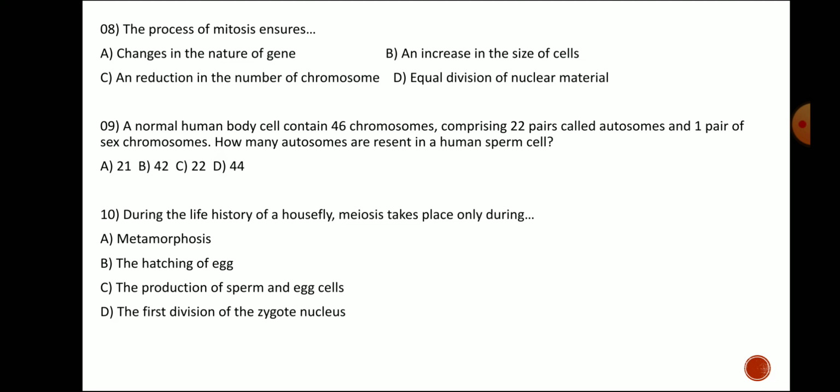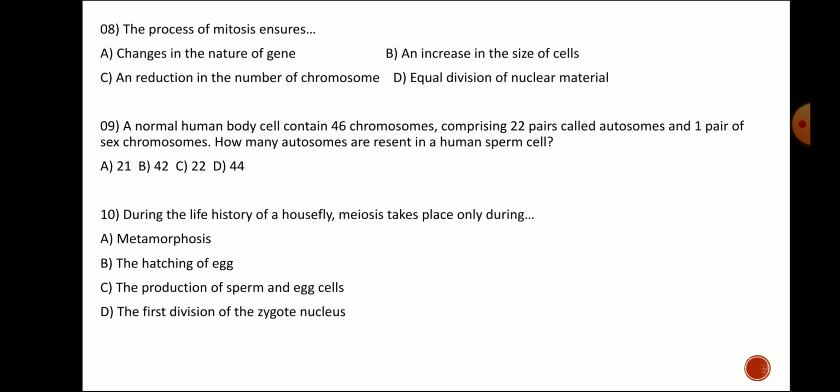Among them, the autosomes present in the sperm cell are 22, and one sex chromosome. That means 23 chromosomes are present in the sperm cells of the human, but among them only 22 are autosomes. So the correct option is C.